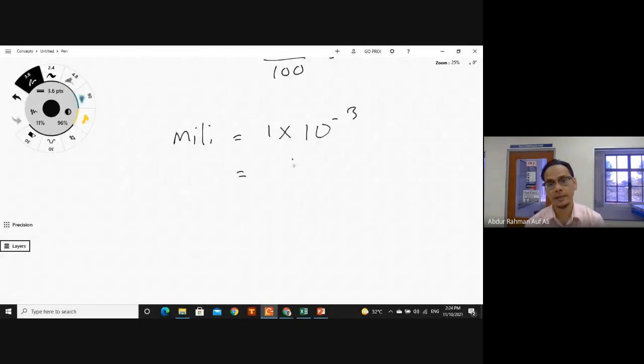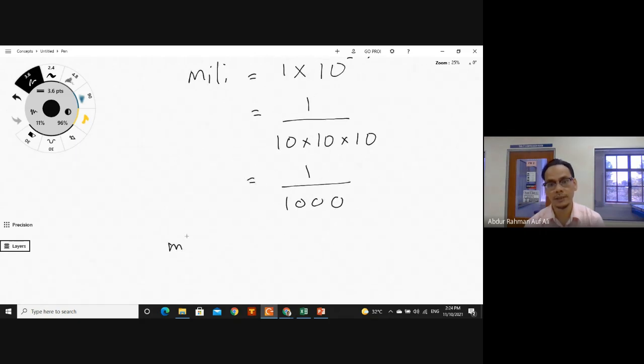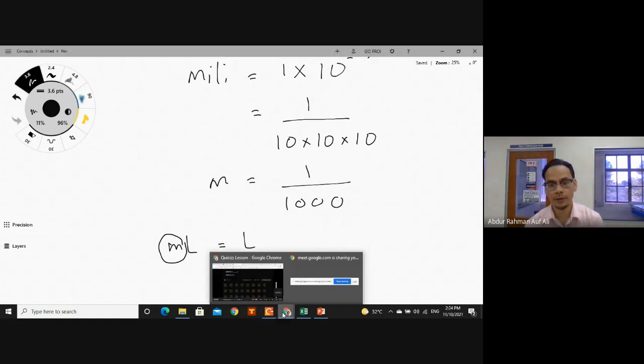So this means 1 over 10 times 10 times 10. So if you want to convert from milliliter to liter, you just expand. M stands for 1 over 1000.